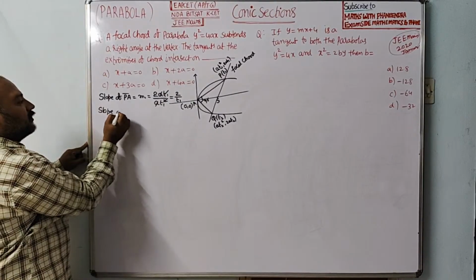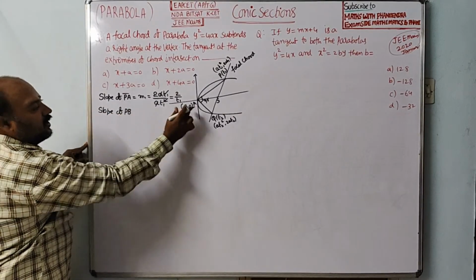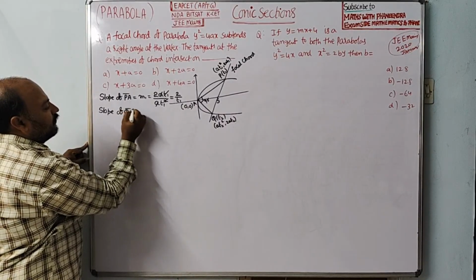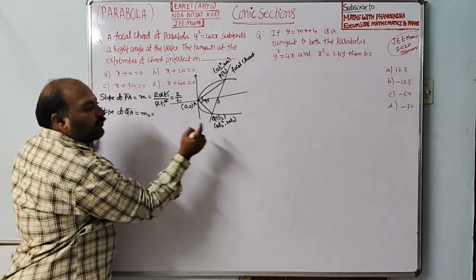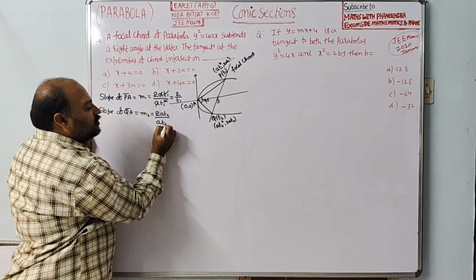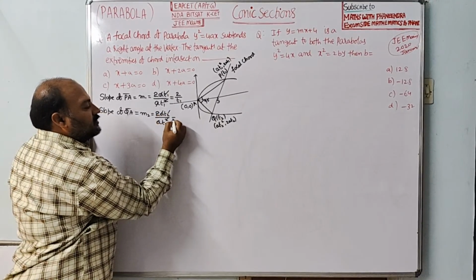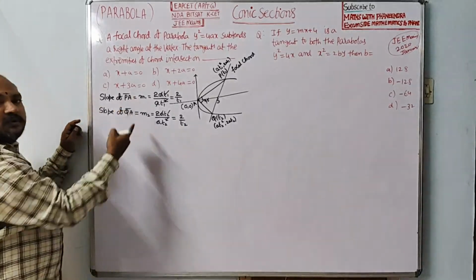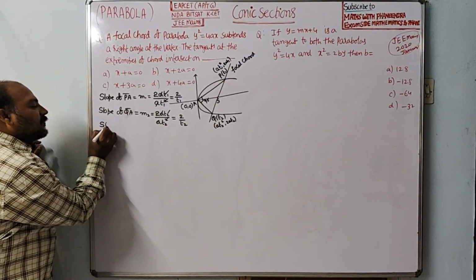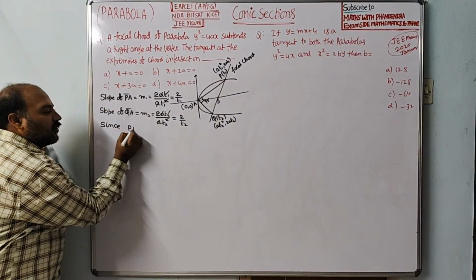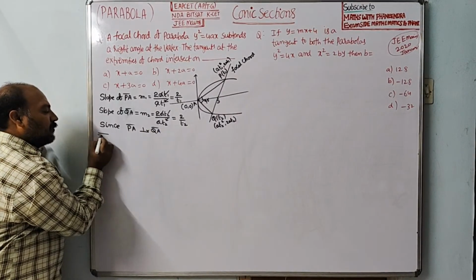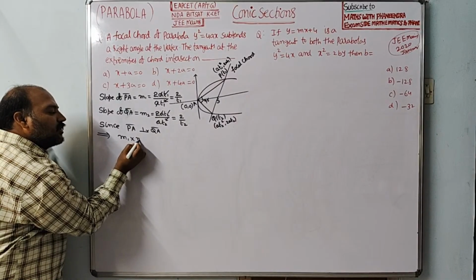Similarly, slope of QA, m2, equal to 2 a t2 by a t2 square, so a and t2 get cancelled, 2 by t2. Since PA is perpendicular to QA, that implies m1 into m2 equal to minus 1.